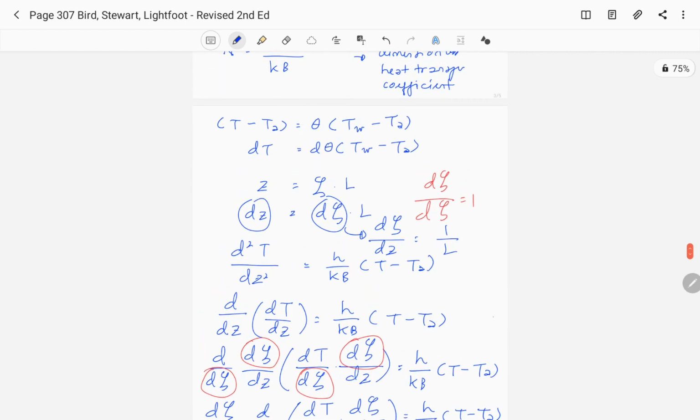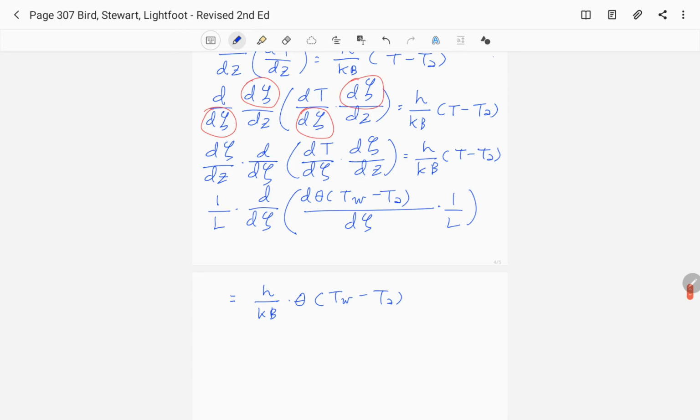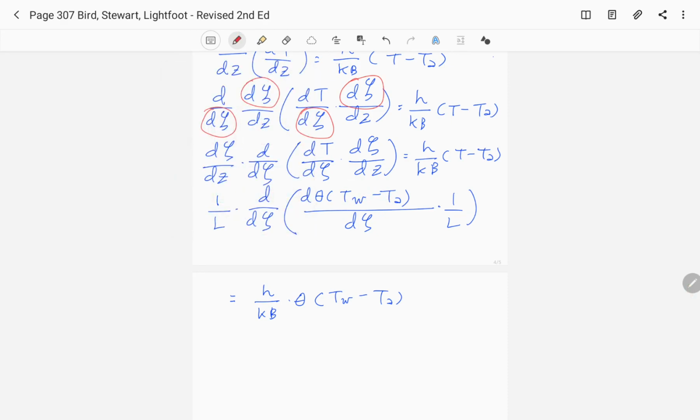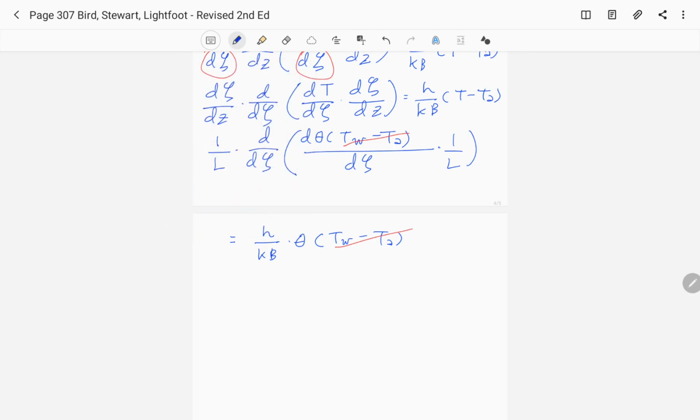Okay, you go back again and see this form in here. Then in here we can cross some terms. TW minus TA in here can be crossed with this, for example. Okay, then we can get more simplified terms.